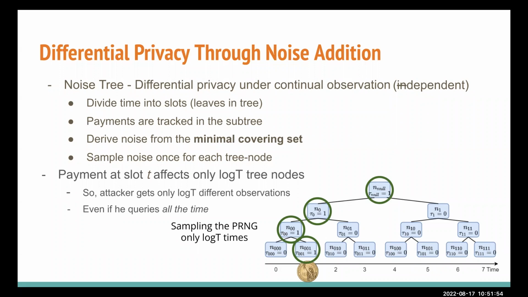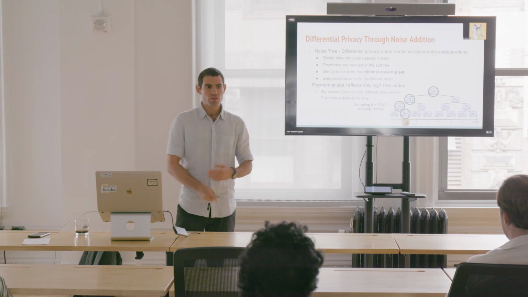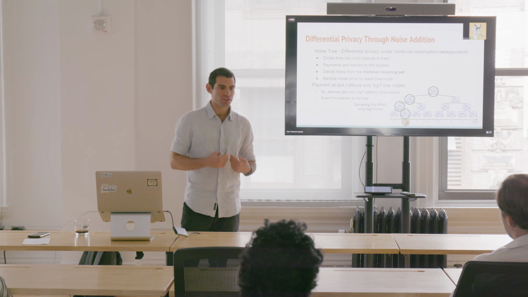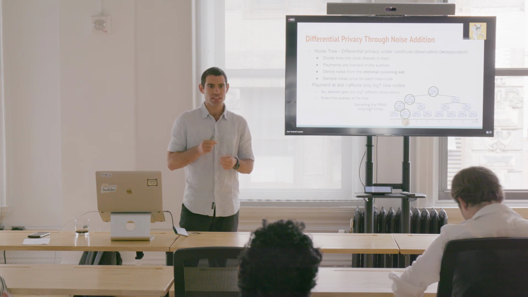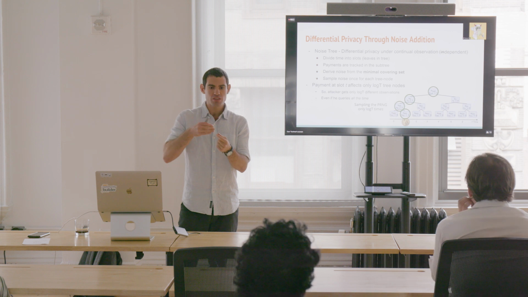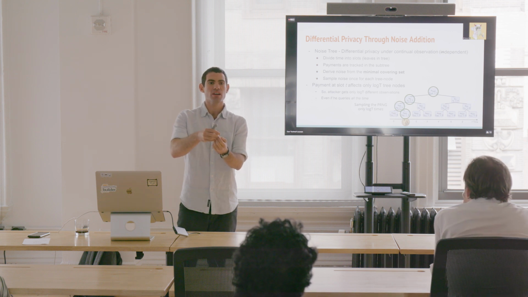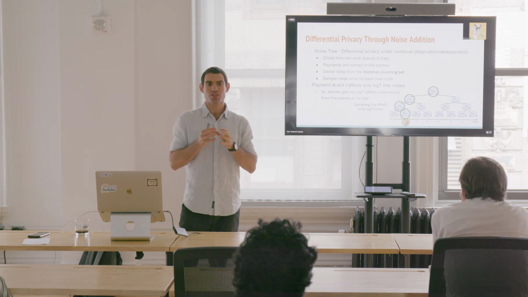We limit the number of fresh noises that the attacker gets for every coin transfer. So if on the naive approach the attacker gets a lot of different noising of the same thing, now we limit the number of different noising. He gets a fewer number of samples.